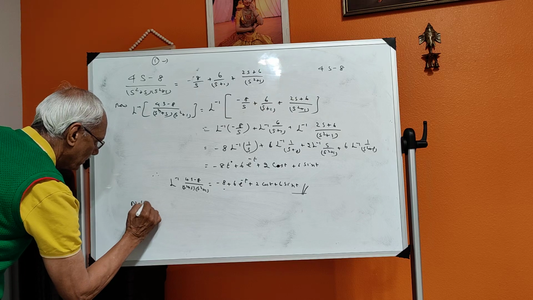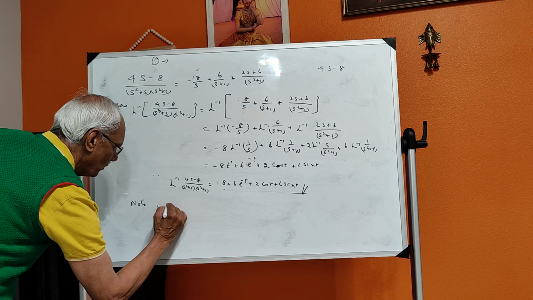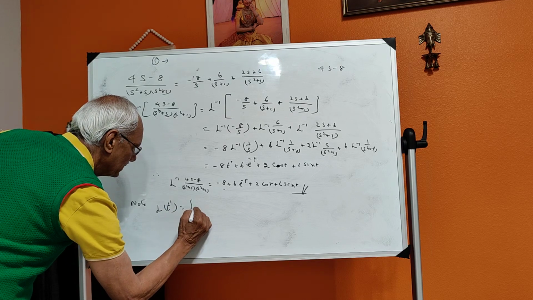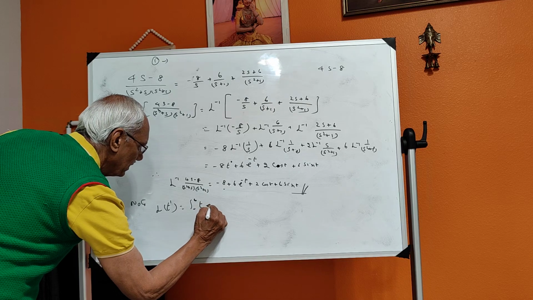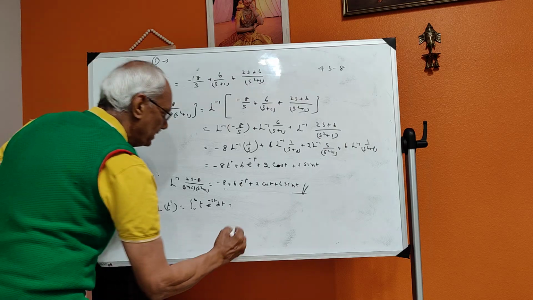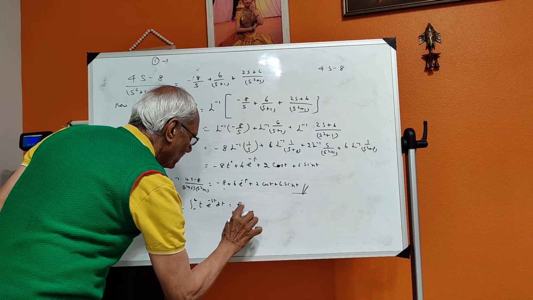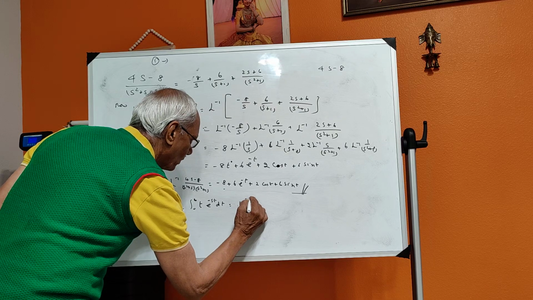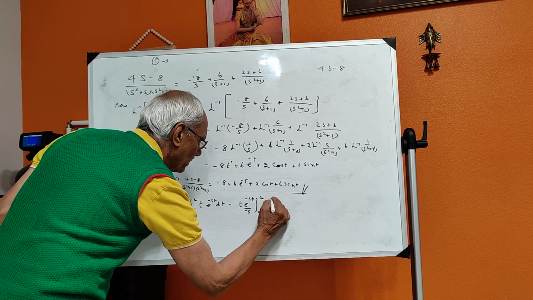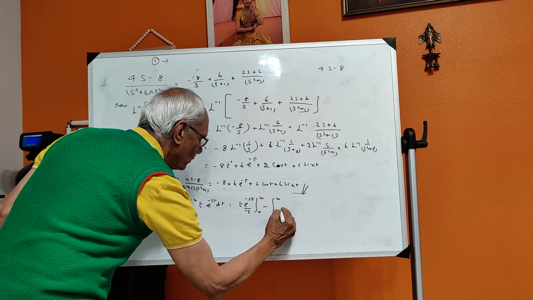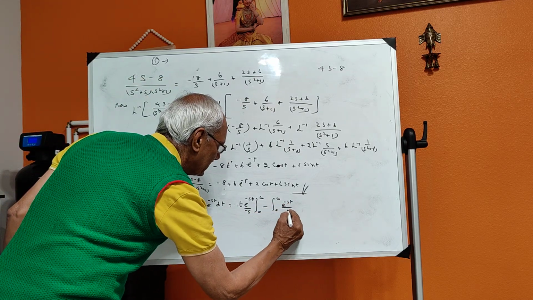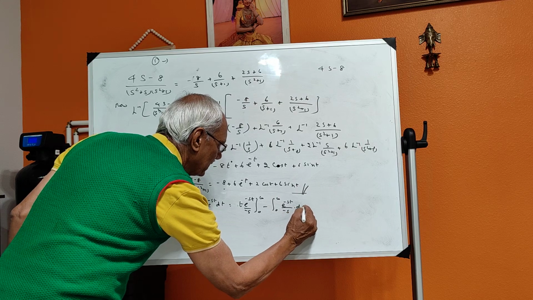Note, the Laplace transform of t to the power of 1 is equal to the integral from 0 to infinity of t into e to the power of minus st into dt. Use Bernoulli's method of integration: t into e to the power of minus st divided by minus s from 0 to infinity, minus the integral from 0 to infinity, differentiation of t is 1, of e to the power of minus st divided by minus s into dt.